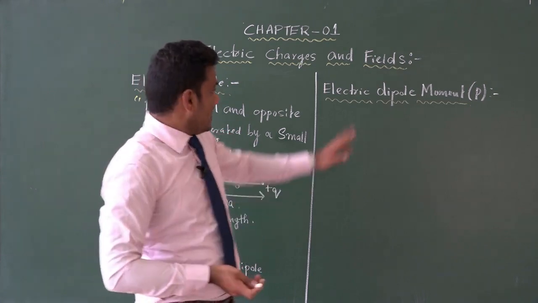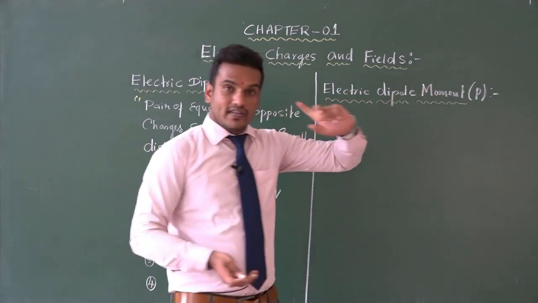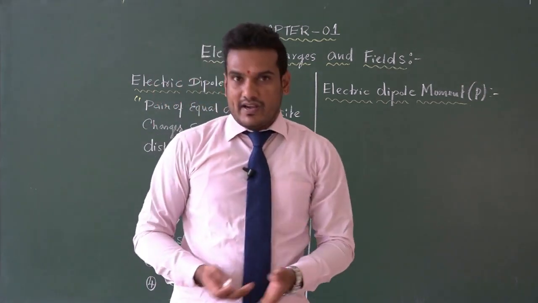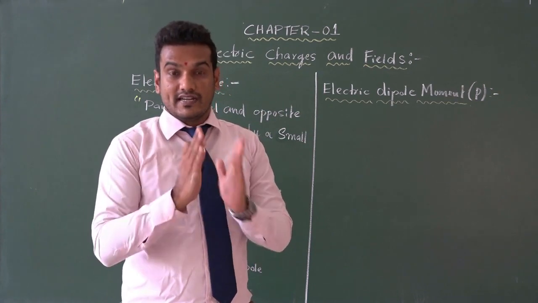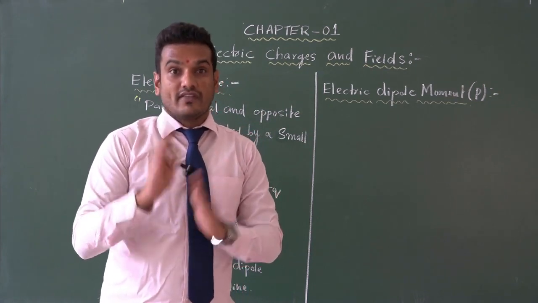I repeat, electric dipole moment of an electric dipole can be defined as the product of the magnitude of either charge and the distance between the charges of an electric dipole.